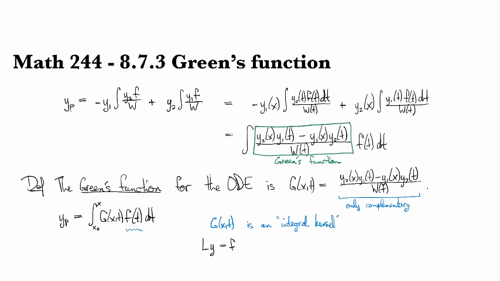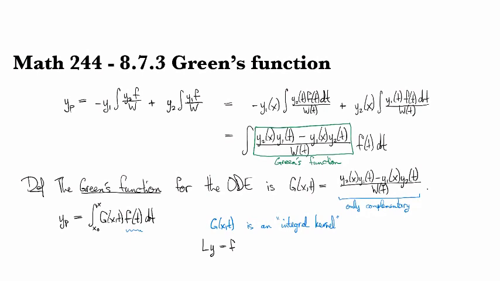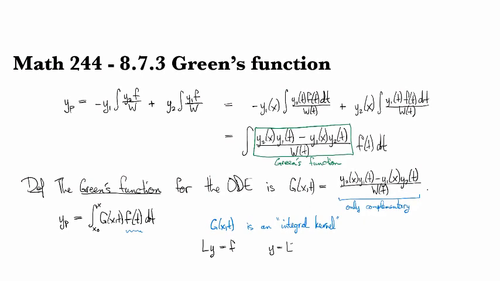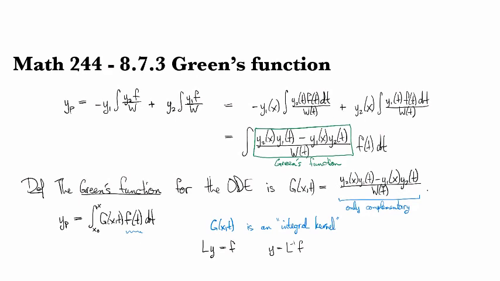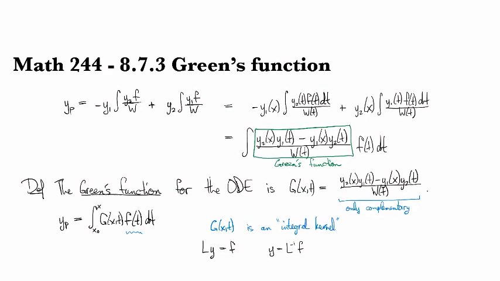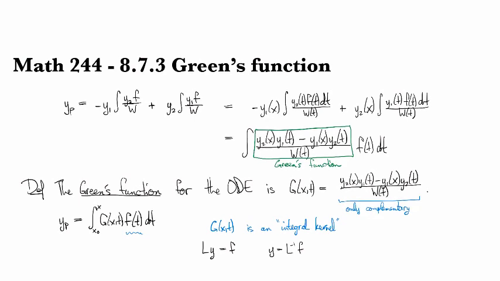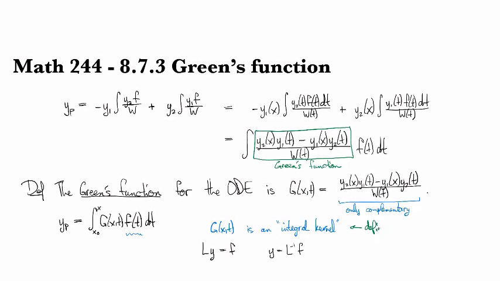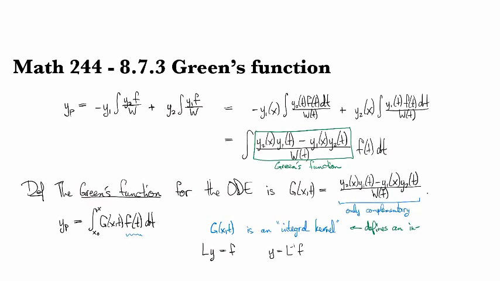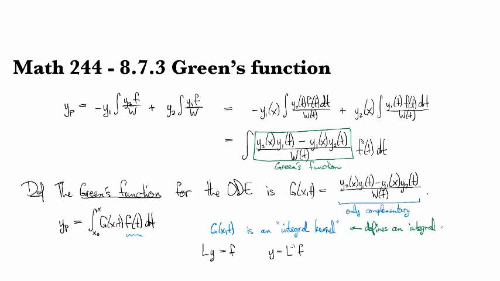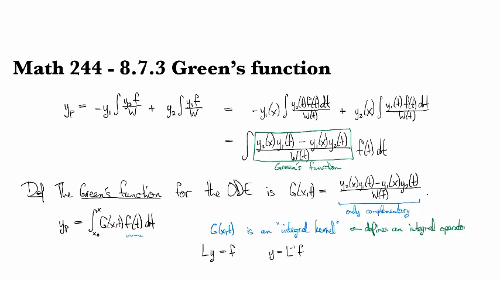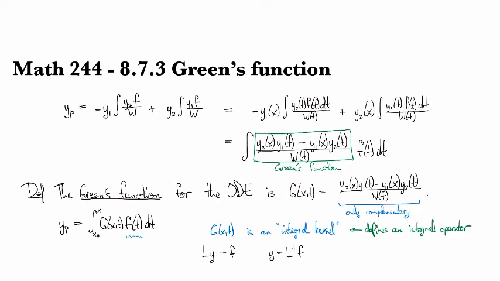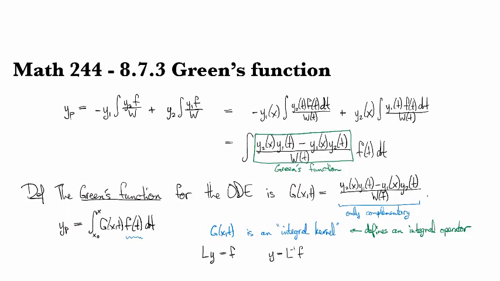well, you might think, what if we could invert that just like a matrix? Well, that's exactly what's going on here. So this integral kernel G defines an integral operator. So what is an operator? Well, an operator is a thing that takes functions to functions. And a differential operator takes functions to functions by doing derivatives. An integral operator takes functions to functions by doing integration.